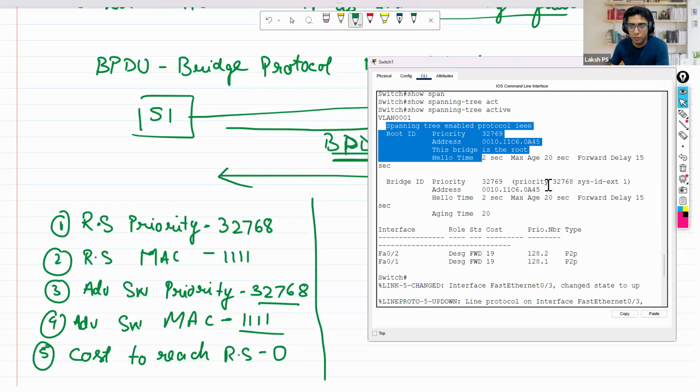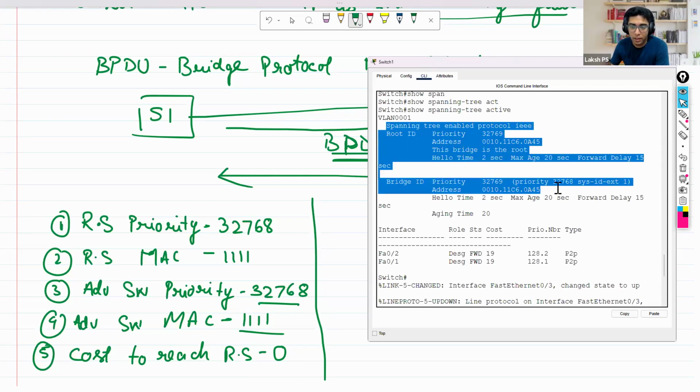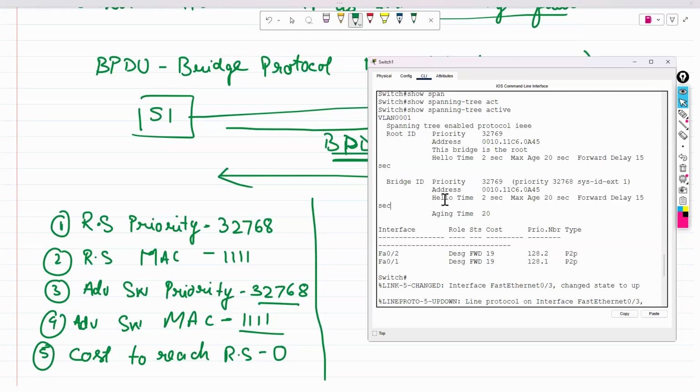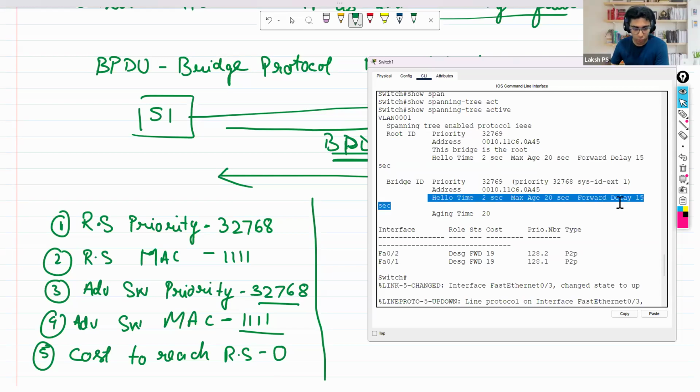So basically, this is what goes inside your BPDU. These are the 5 important things that go in with your BPDU. These things also go, but I will talk about them later. The first 5 lines go there.